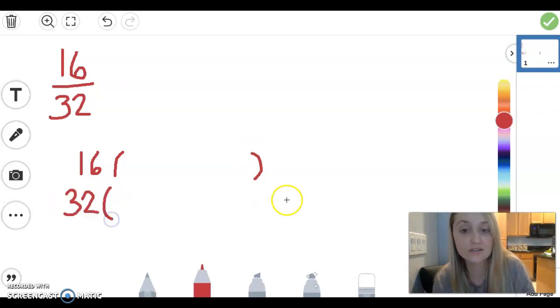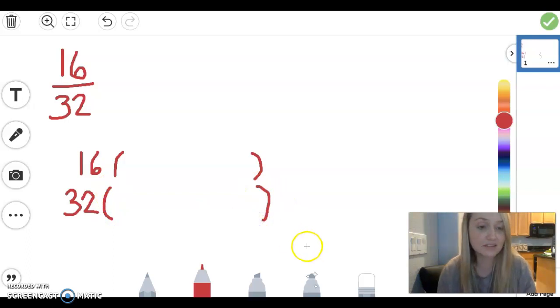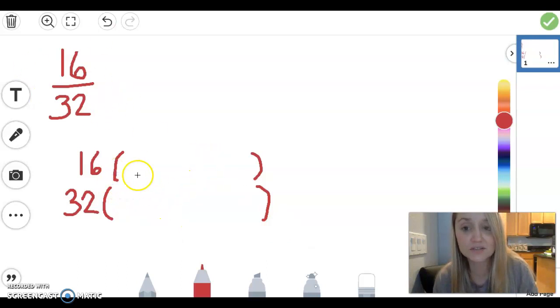I'm going to do it this way just because I think this is the most productive way in getting to what you want your result to be. So we have 1, 16, then we have 2, 8, and then we have 4 and 4.